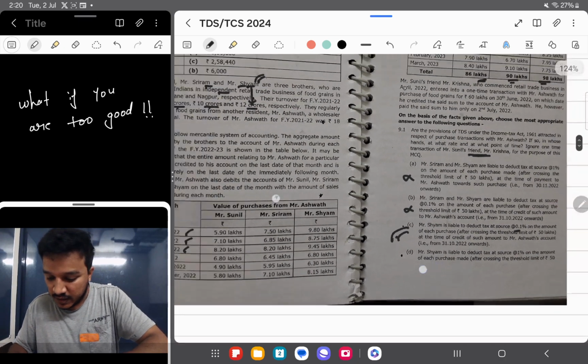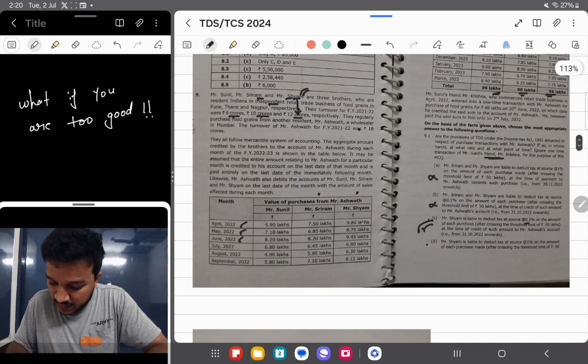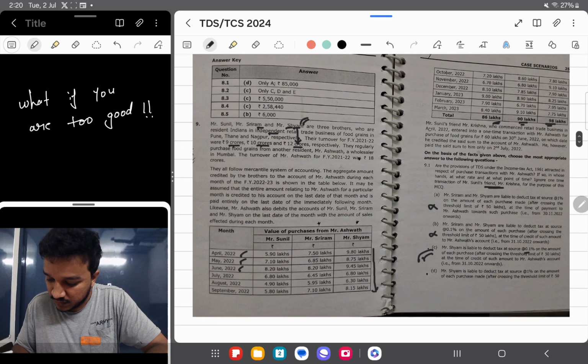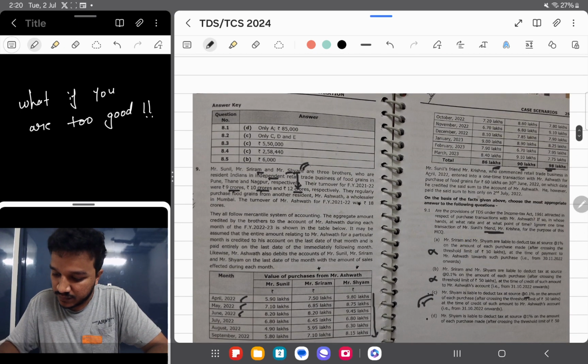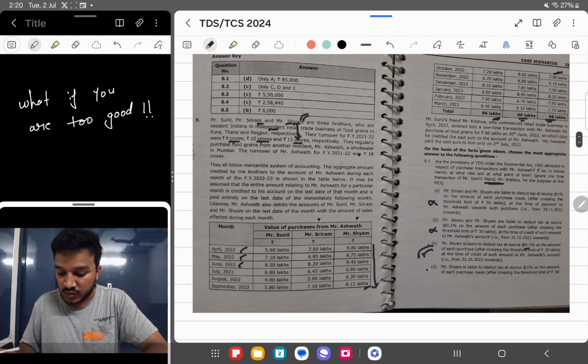If we keep adding all the amounts for Sham, so what is the date? He is saying from 1st October till here it will cross 50 lakhs. It should cross 50 lakhs.